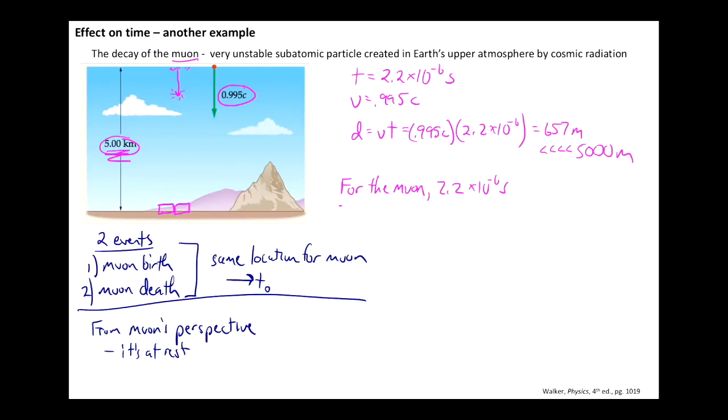It looks with its non-existent eyes and says, what is that planet coming at me? Very, very fast. So we could say that the Earth, for the muon, is approaching at a velocity of 0.995 c. That's not what we see here on Earth. That's not our perspective, but from the muon's perspective, that's what's happening. And then finally, we could say that it's measuring the proper time of 2.2 times 10 to the minus 6 seconds.